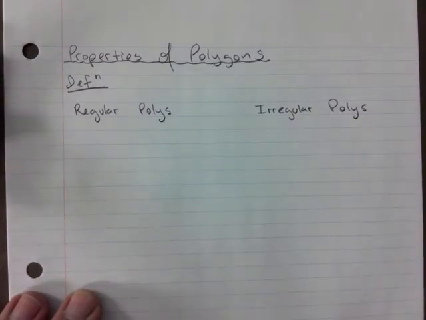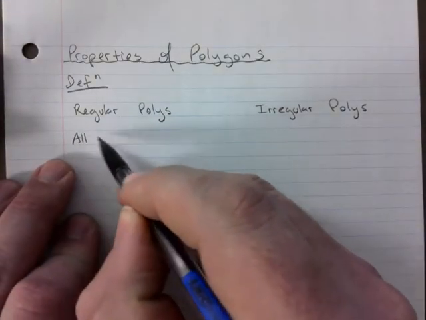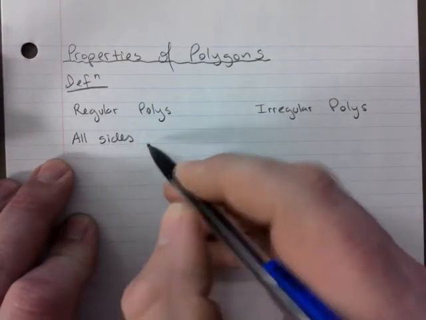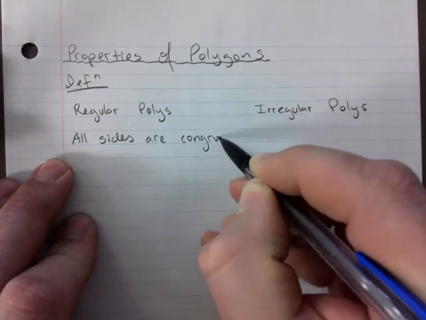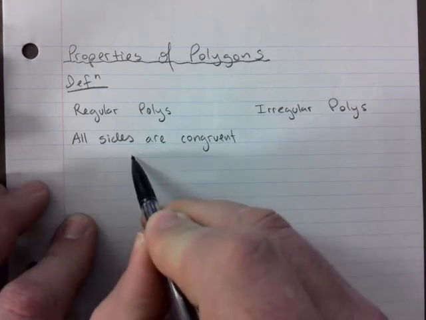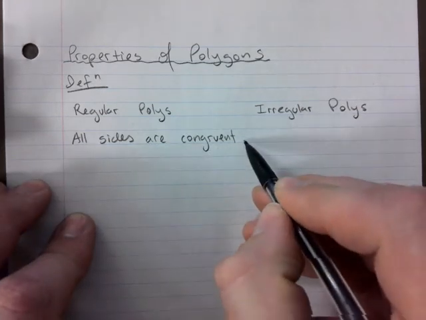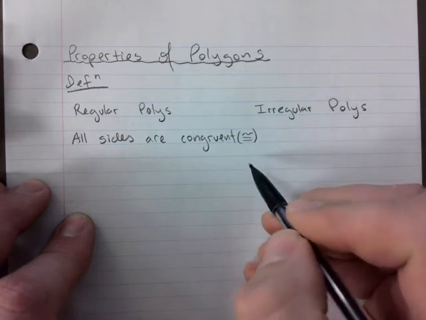Regular polygon, the one that you're most familiar with probably is a square or an equilateral triangle. And we know that all sides are congruent. And the symbol for that, it's going to bleed a little bit into the other column, but that's fine.